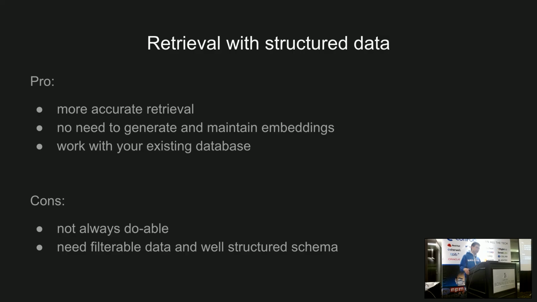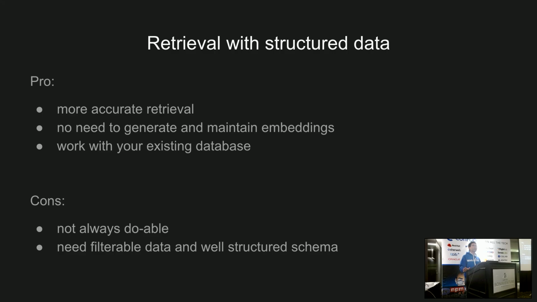But if you already have a very structured database, and you can run a filterable query on it, you don't need to turn it into embeddings and search with a vector search. You can just perform a search directly on your SQL database or your Mongo database.